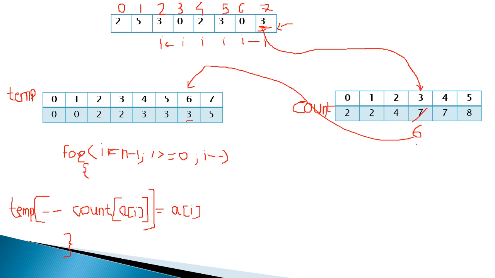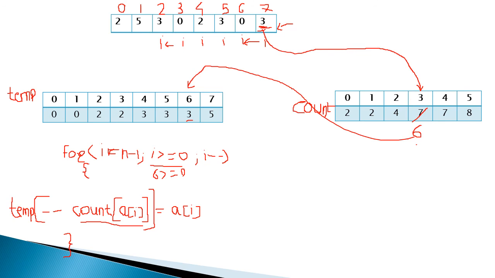After that, decrementing this, again the I index is what? 6. Then where do we go? Is 6 greater than or equal to 0? Yes, 6 is greater than or equal to 0. Then what to do next? If this condition is true, then we have to go to count of A of I, that is 0.